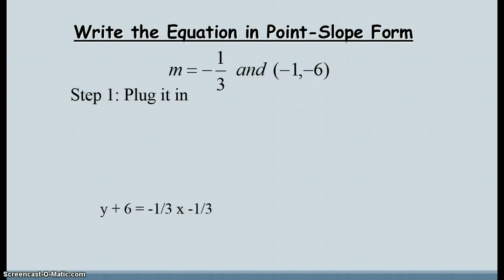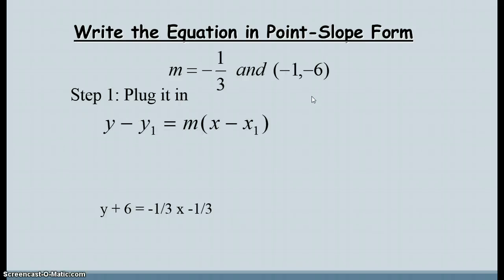Imagine that my slope is -1/3 and I have the point (-1, -6). These numbers are going to be given, the same way your calculation for the slope will be given, right?